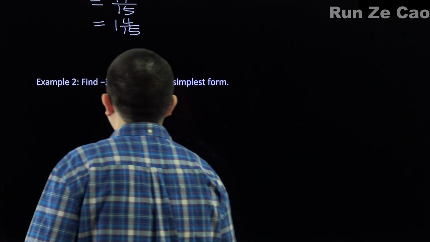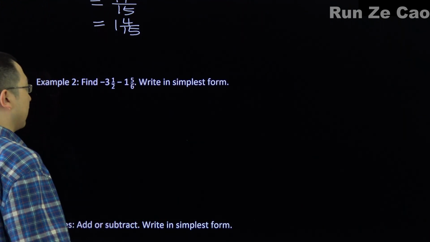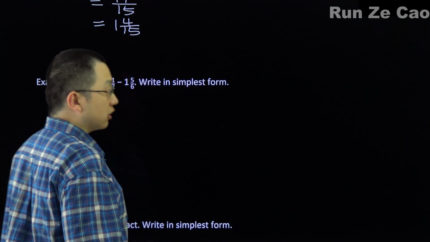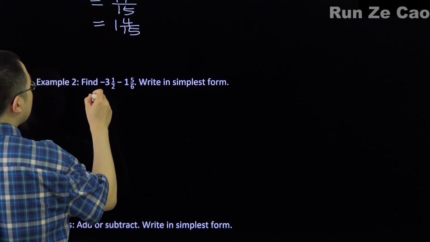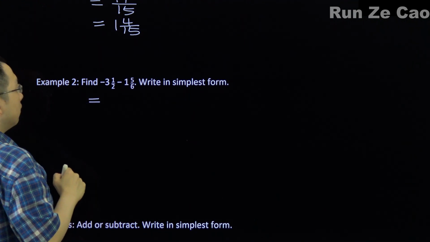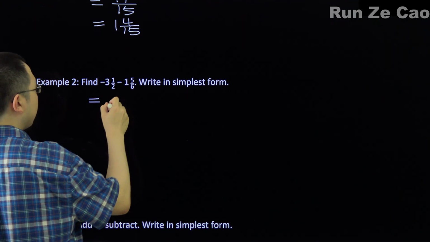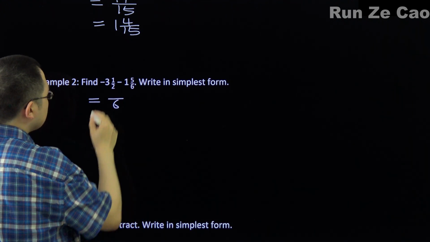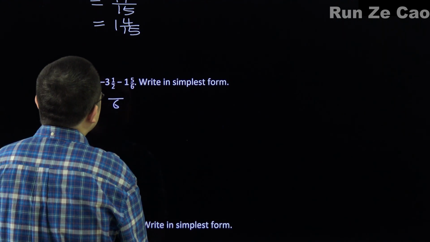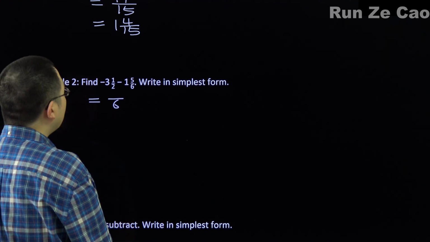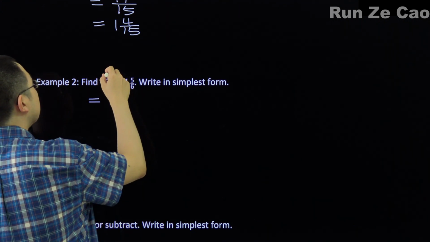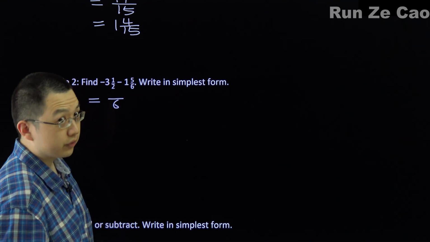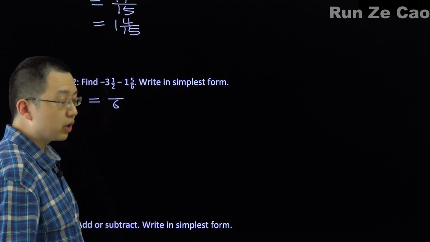Okay, what about this next example? -3 1/2 minus 1 5/6. Well, 2 happens to be a factor of 6. Therefore, our least common multiple for the denominators is going to be 6. So, if you need, you can go -7 over 2 and then convert to something over 6. What over 6?